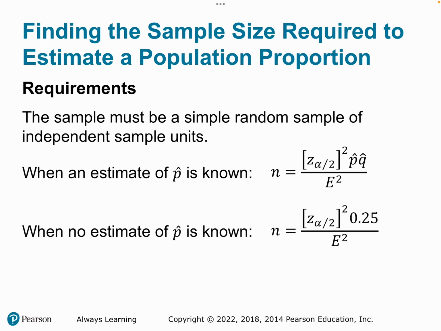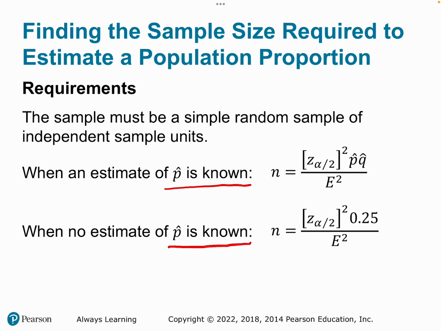In order for us to calculate the sample size needed to achieve a given confidence level and stay within a given margin of error, we want to use one of the following two formulas, and how we know which formula to use is a matter of whether we have a sample proportion from a previous study that we can use as our starting estimate, or whether there is no previous sample proportion to use.